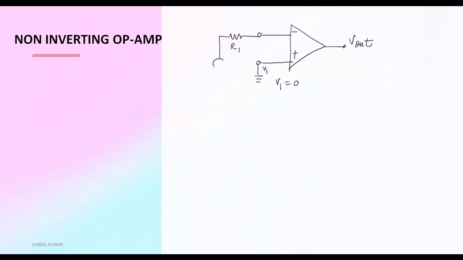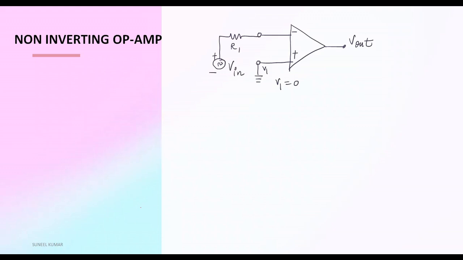So in previous class, what we have seen in inverting op amp, this was the circuit, minus and plus. This is inverting, this one is non-inverting. This terminal was grounded, this was V1, so V1 is equal to 0, and we have one resistance here that was R1. We can use any nomenclature for this resistance.